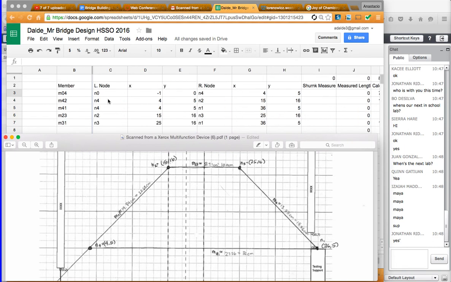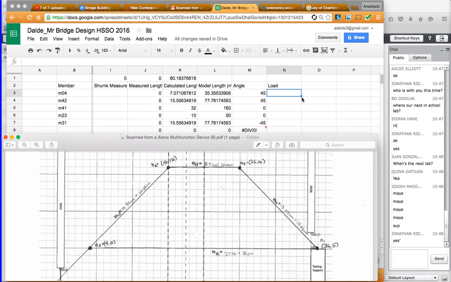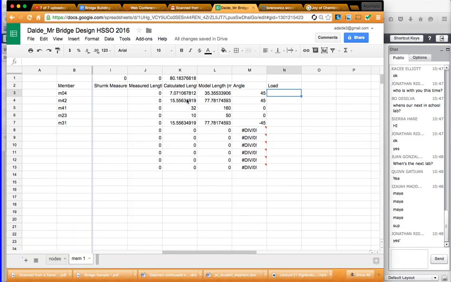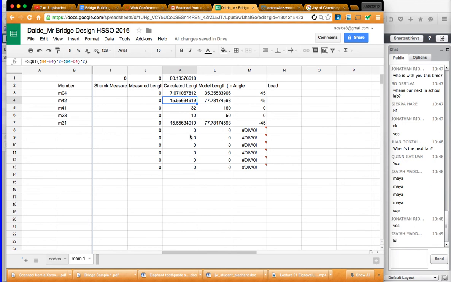I put in the coordinates of node 4, which is 4,5, and the coordinates of node 2, which is 15,16. Then the calculator, using this formula up here, which I showed you guys how to do in class on Monday, will calculate out my length for that member. Are we cool with that?